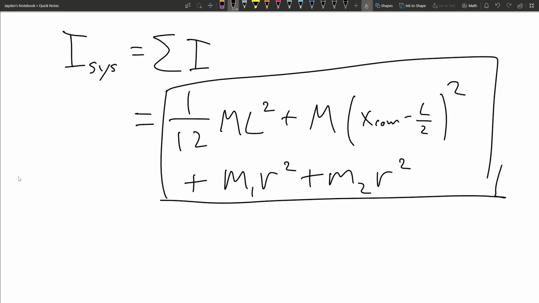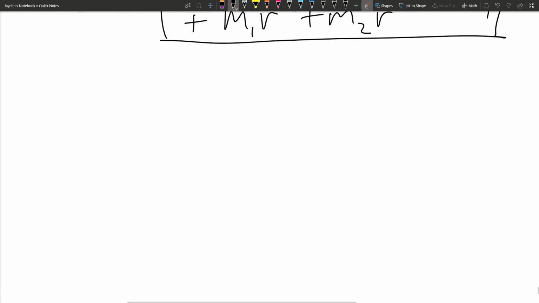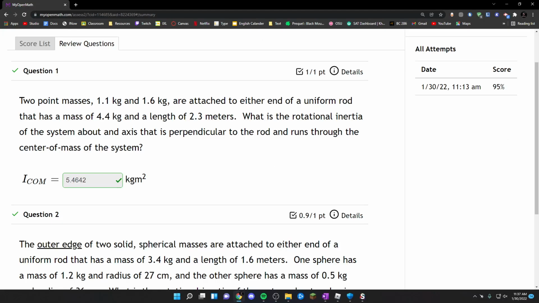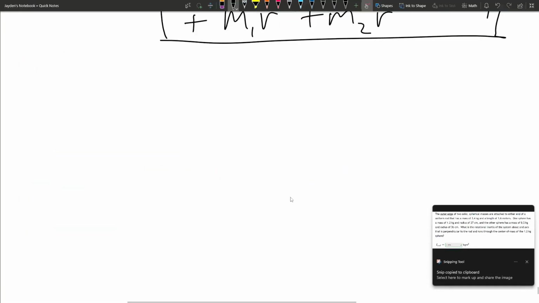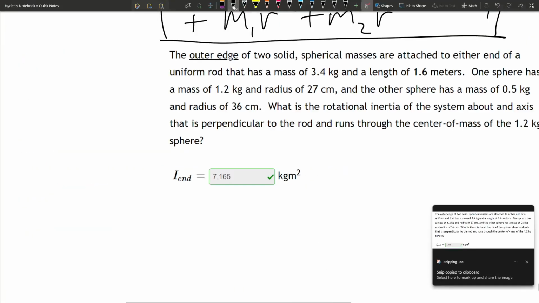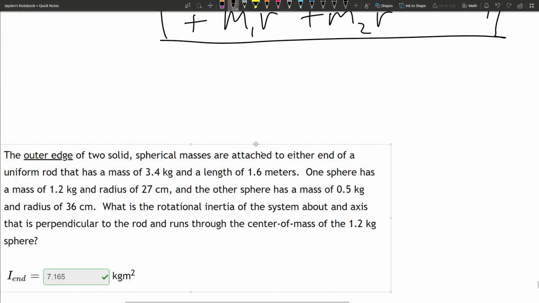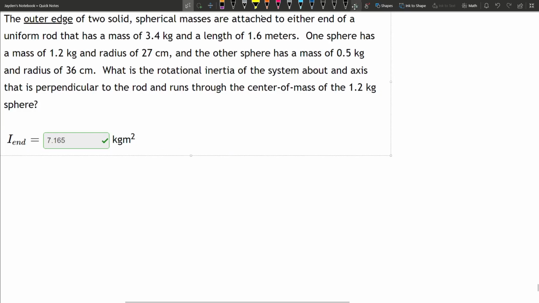Okay, let's do the second question. This one's very similar to the first one, but this time we've got two spherical masses.